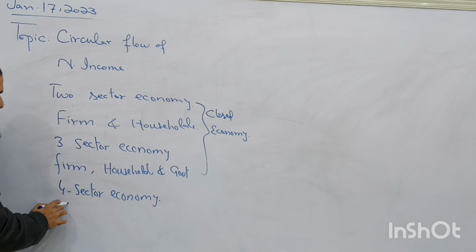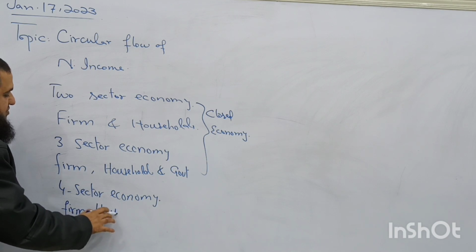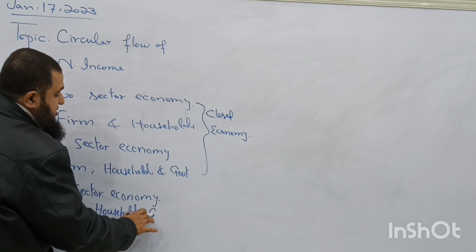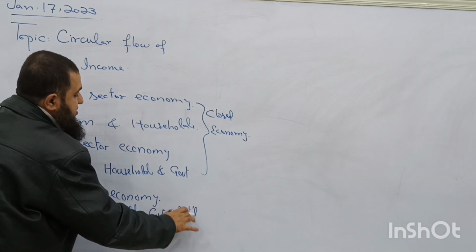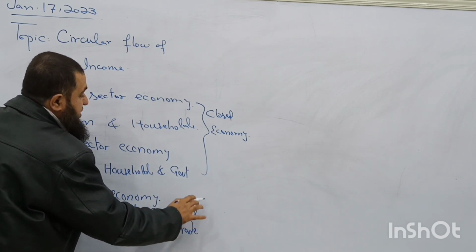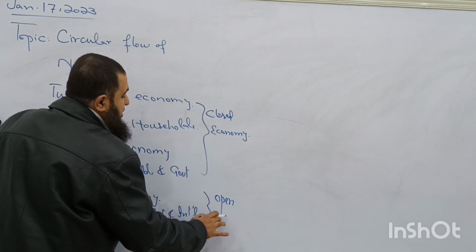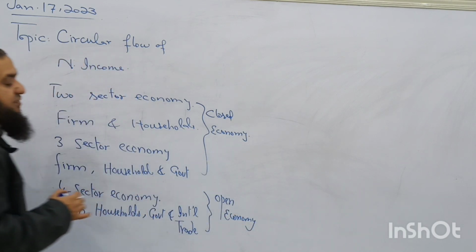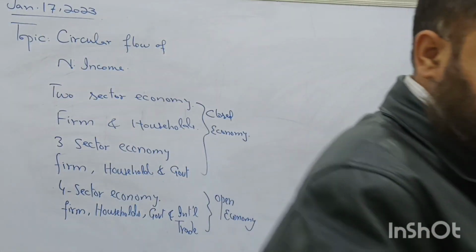So four-sector economy will have firm, households, and government, and international trade like exports and imports of the goods. So this economy is called open economy. Alright. So open economy is that which is having trading activities with the rest of the world.